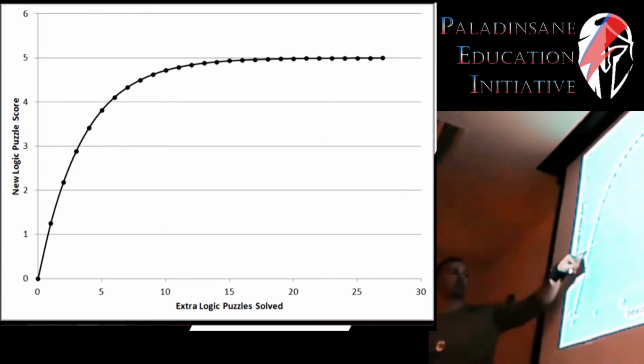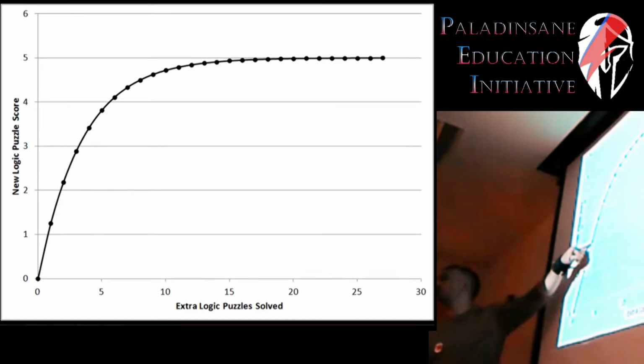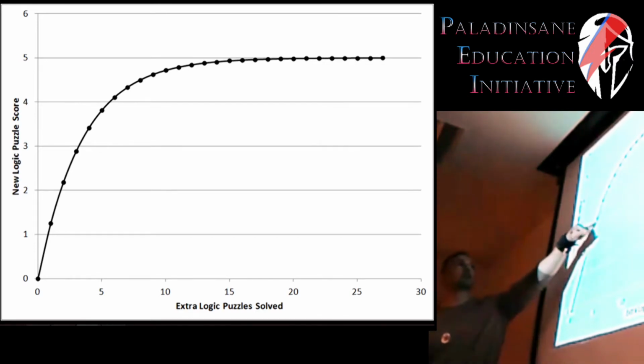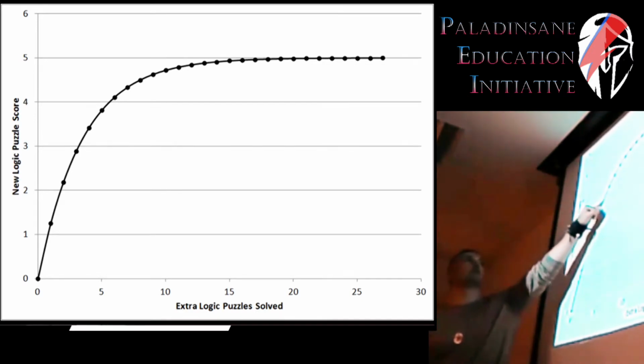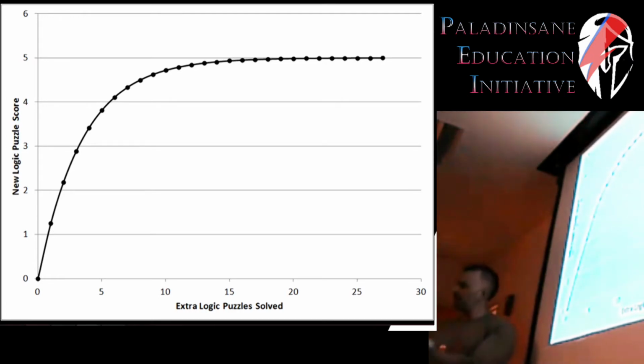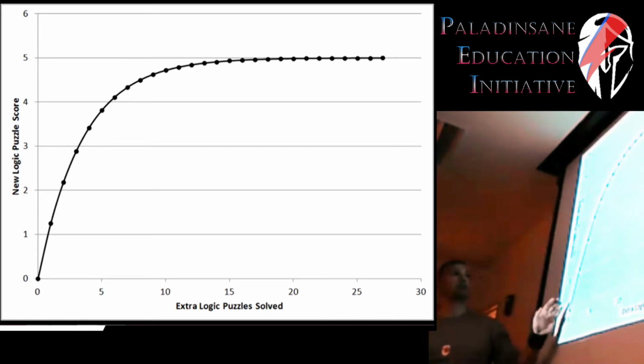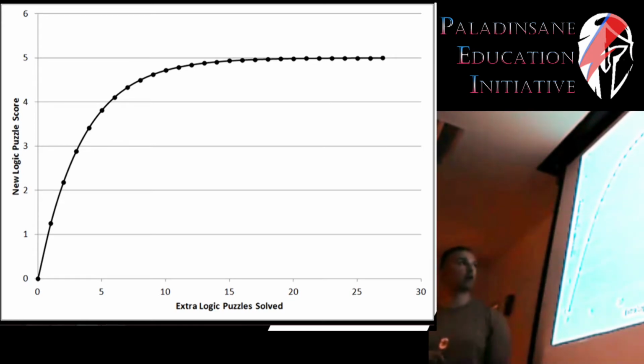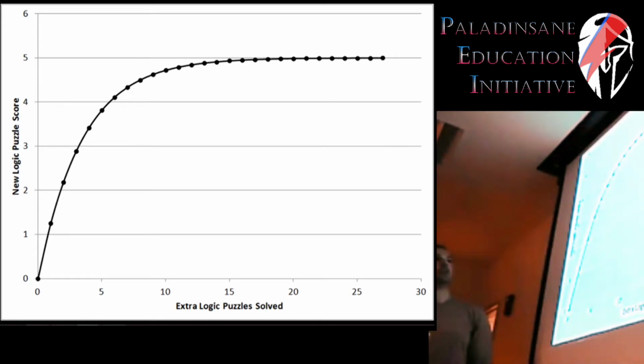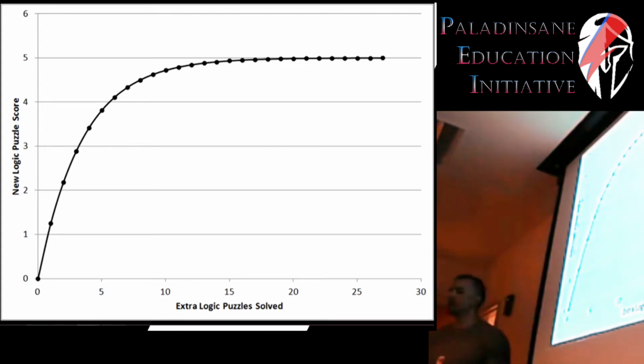The second puzzle will take you up to about 2.2 out of 5. The third one, about 2.9. The fourth one, 3.5. So you get a big boost for the first puzzle, and then you continually get boosts, and you can solve as many as you want in order to get to basically 4.99999 at some point.